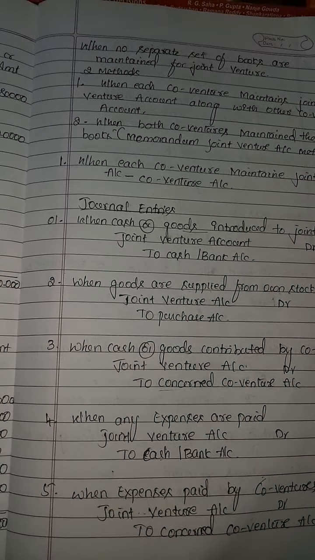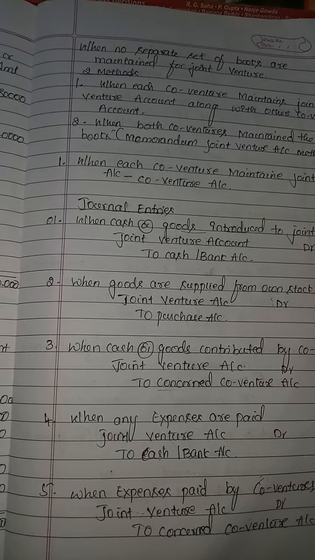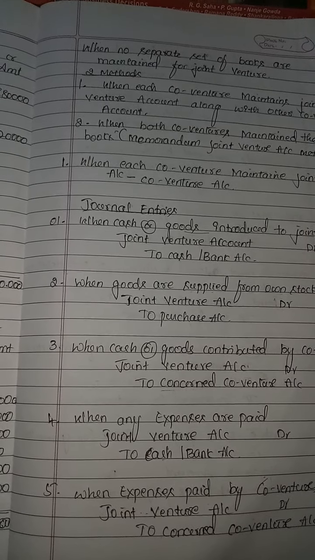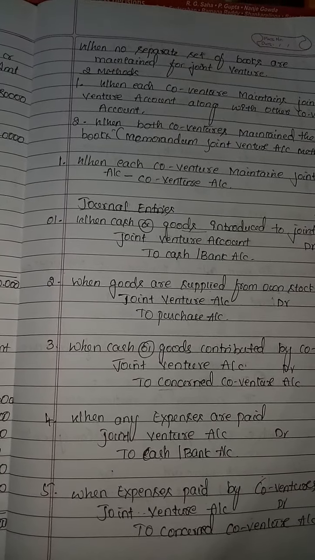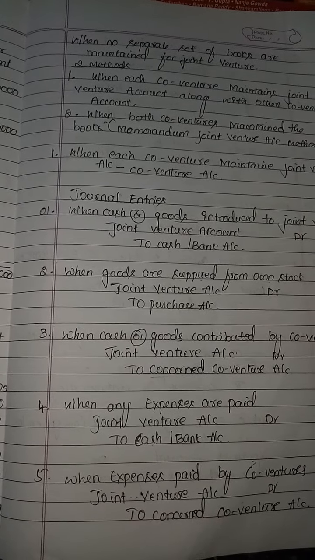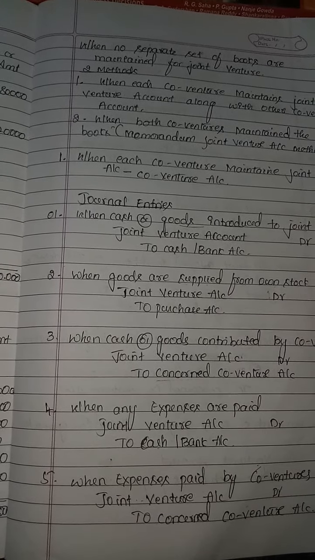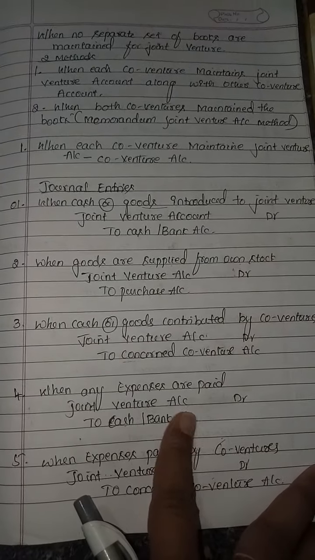If any expenses are paid by the co-venture, the entry will be joint venture account debit to concerned co-venture account.